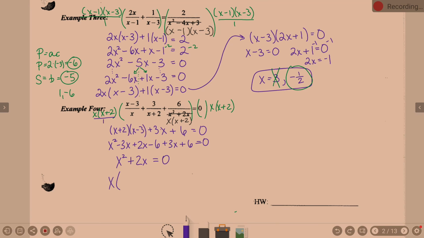So if I factor that x out, I'm now going to have x plus 2. So x times x plus 2, of course, set each part equal to 0. So x equals 0. X plus 2 equals 0. We get solutions of 0 and negative 2.